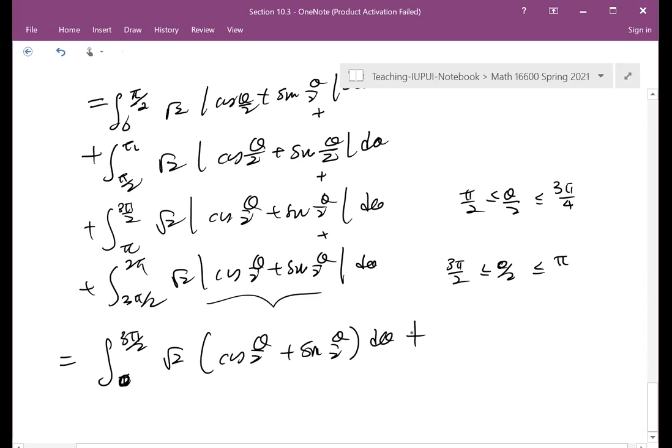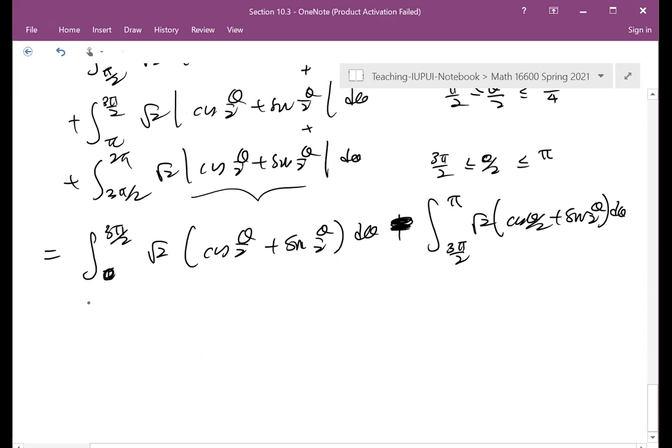Okay, I put a negative sign. It's from 3 pi over 2 to 2 pi of square root 2 times cosine half of theta plus sine half of theta. Okay, then you evaluate.